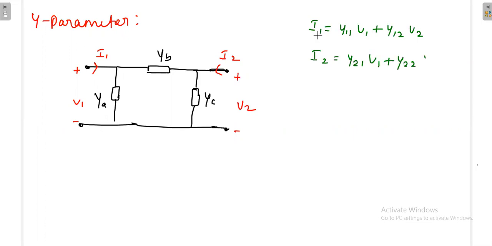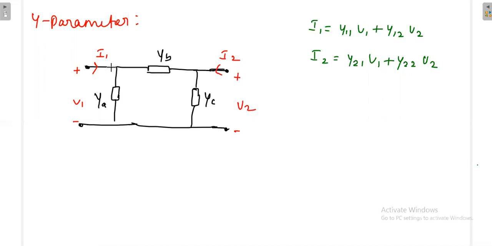So we have to represent currents I1 and I2 in terms of V1 and V2. Again, y11, y12, y21, y22 are just numbers. The number could be positive or negative, so we'll see that.